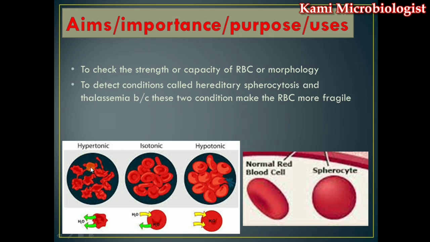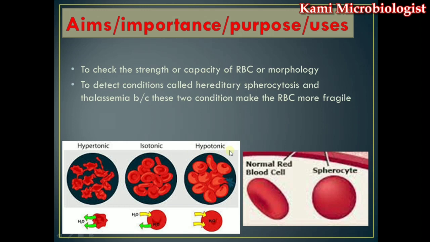So if inside the RBC there is low concentration and in the outer environment there is high concentration, we know that the osmosis process will occur, and the molecules will pass from the RBC to the outer environment. Why? Because the RBC has low concentration. So due to this osmosis will occur, and the RBC will shrink and be destroyed, as you can see.